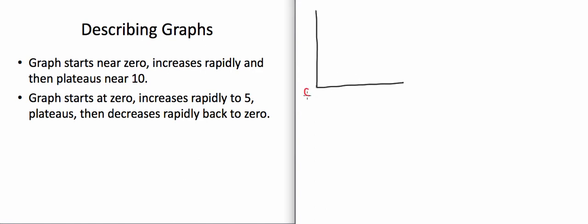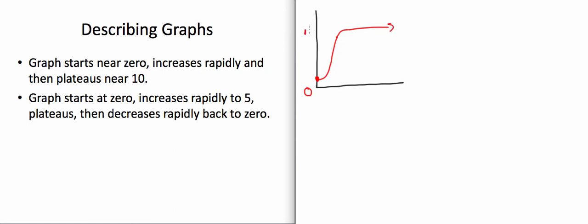We have 0 down here. The graph is going to start somewhere near 0, and it's going to increase rapidly and then plateau. Plateau means flatten out. So it's going to increase rapidly and then plateau near 10.